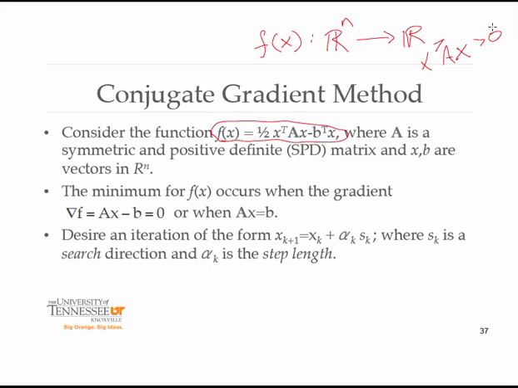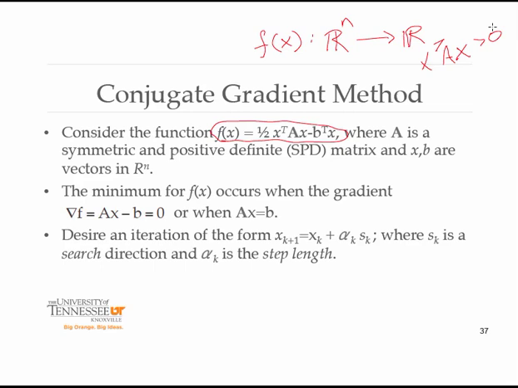Now, remember, if you were on the real line and f of x is a function of x and x lives on the real line, then the minimum of a function, just from first semester calculus, you get the min or the max by computing the derivative, setting it equal to 0, and figuring out where that x is. That's usually called a critical point or a critical value for the function. But x now is a vector.